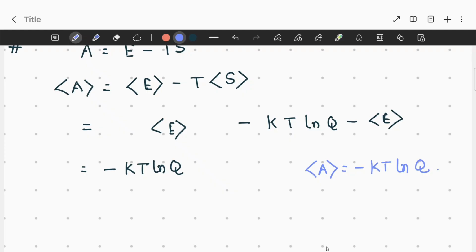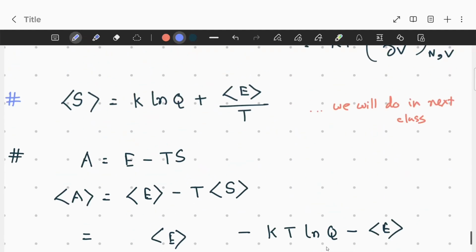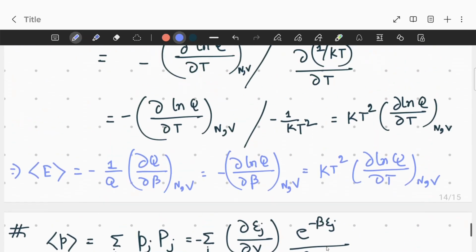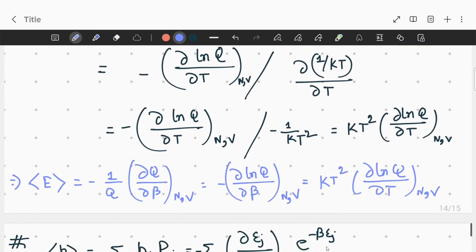That means kT is not a negative quantity, so ln Q should be negative, so Q should be less than 1. Then what about the earlier expressions? There it is not direct ln Q, it is a derivative of ln Q, so it can be positive, negative, anything. ln Q negative does not mean its derivative is also negative.